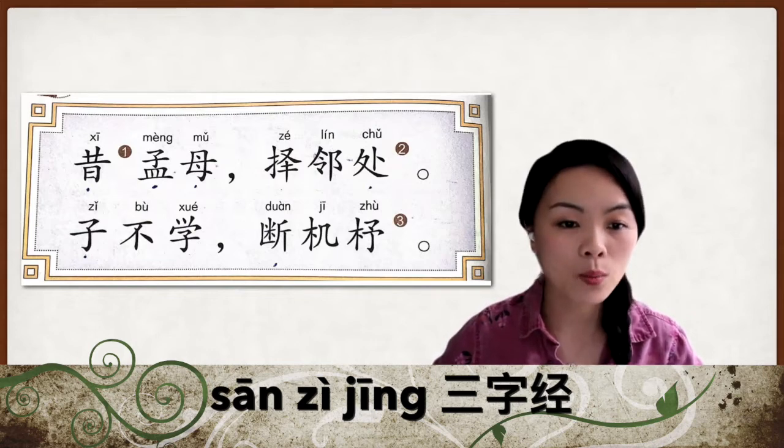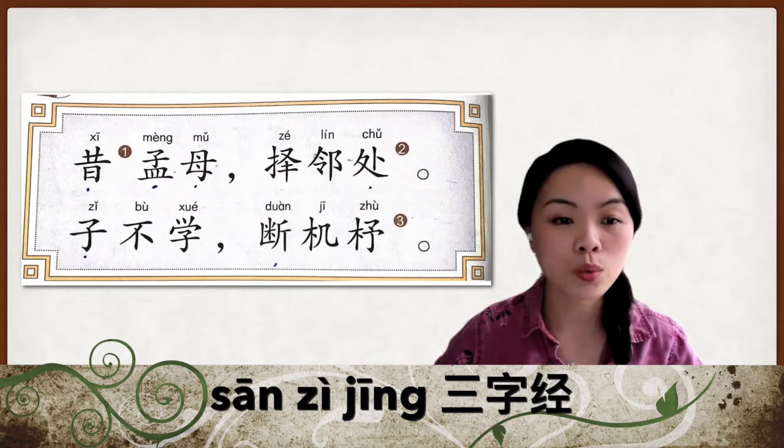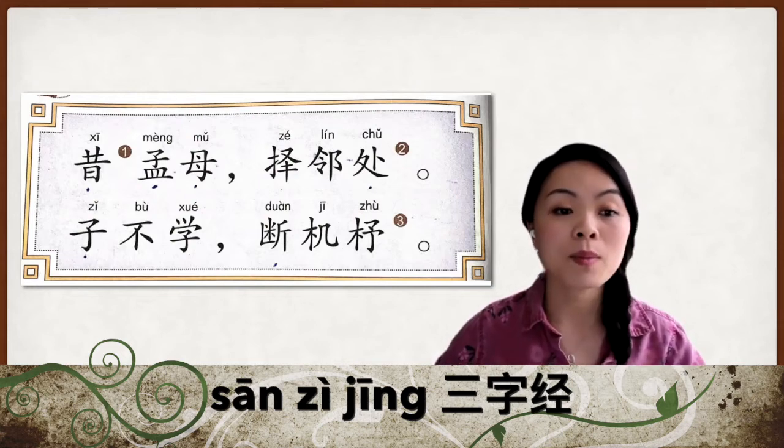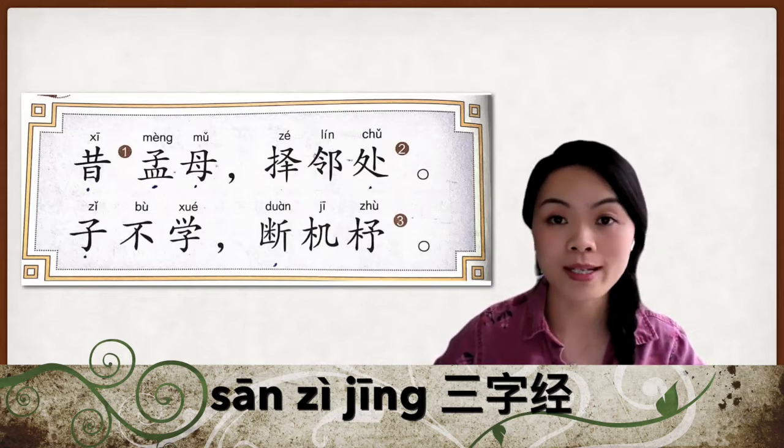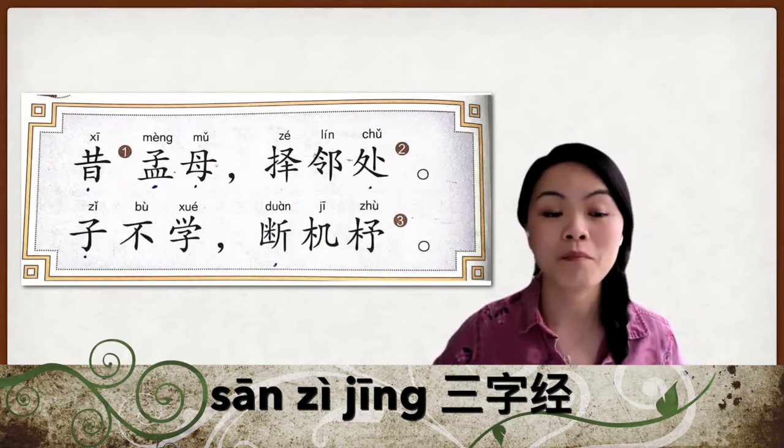昔孟母，择邻处，子不学，断机杼。昔 means before. 孟母 is a person. She is the mother of Mencius.